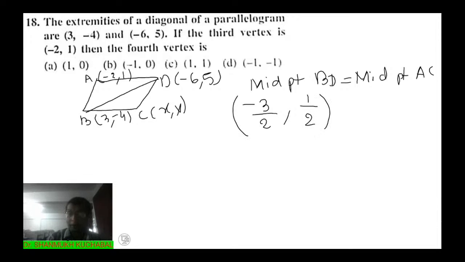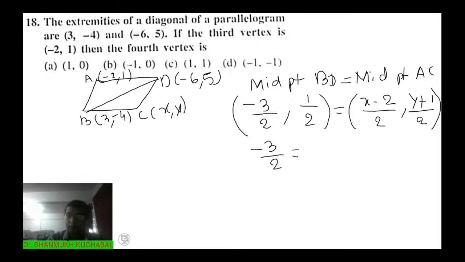Similarly, the midpoint of AC is x1 plus x2 divided by 2 and y1 plus y2 divided by 2, so we get x minus 2 divided by 2 and y plus 1 divided by 2. Then we equate the x coordinates: minus 3 by 2 equals x minus 2 divided by 2.